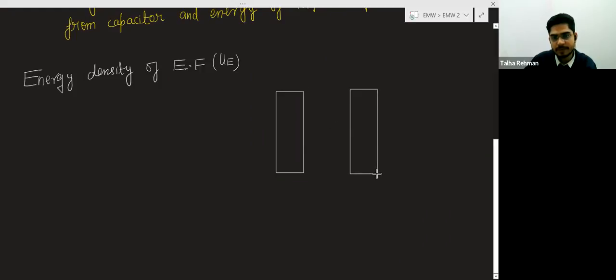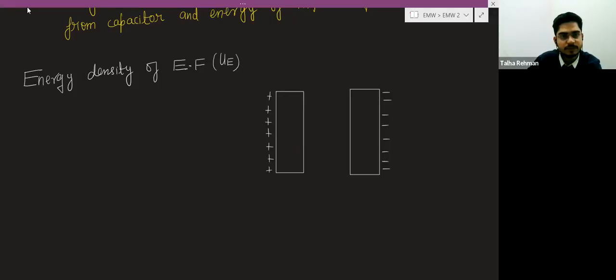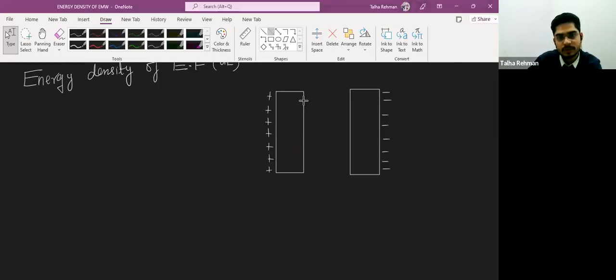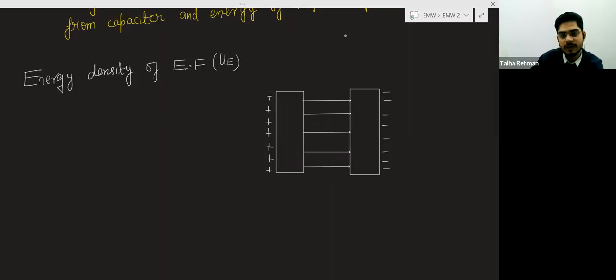This is another plate of the capacitor. This plate is positively charged and this plate is negatively charged. So what will happen due to that? An electric field will be there in between the plates, a uniform electric field like this.